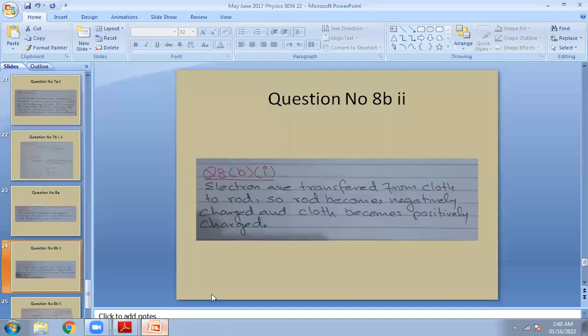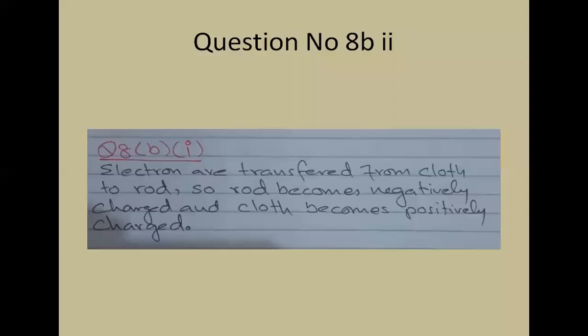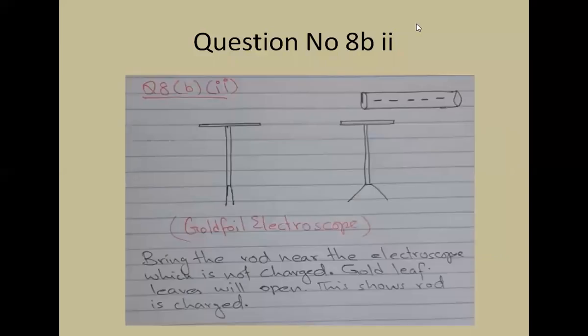For example, I have shown this. Okay, so here you can see we have shown a gold leaf electroscope. You can see this is the brass plate, this is the rod, and here these are the 2 gold leaves.